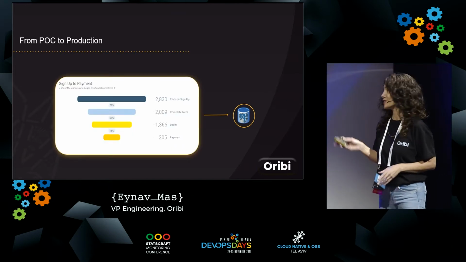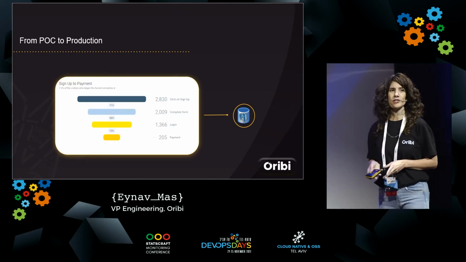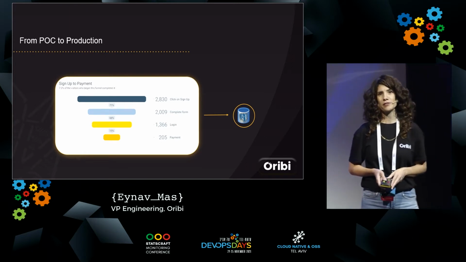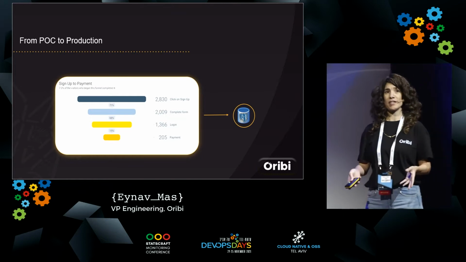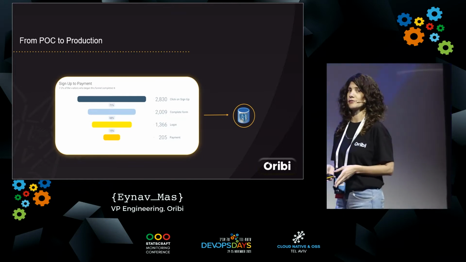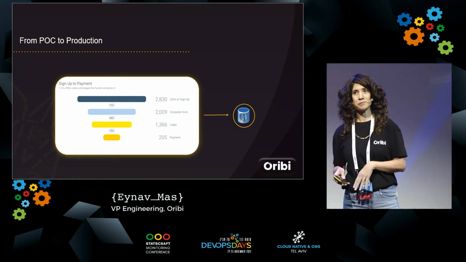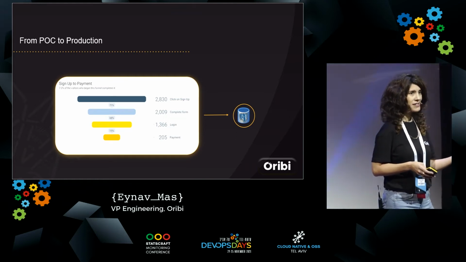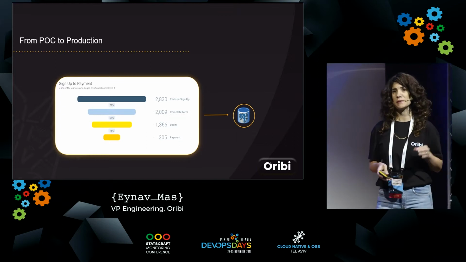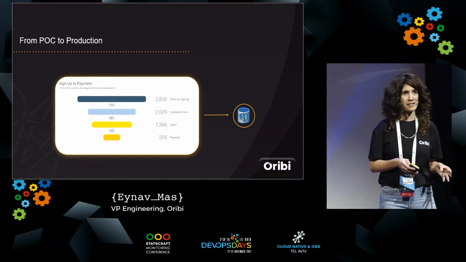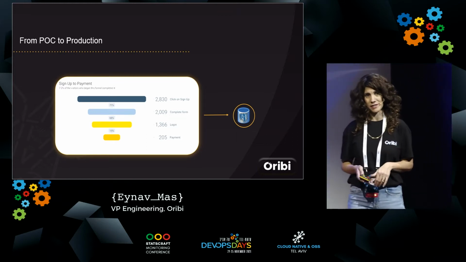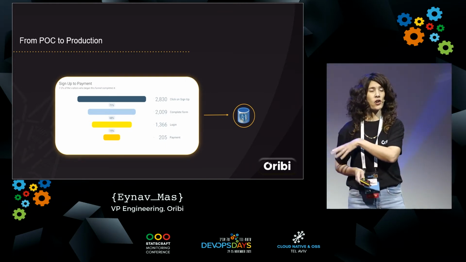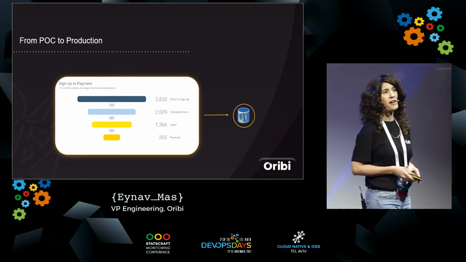A POC to create this amazing feature which called funnel. If you don't know the term, funnel is an illustration where we want to create a graph of all the people that did A and then did B and then did C in a time series way. So we did that as a POC on top of Postgres.